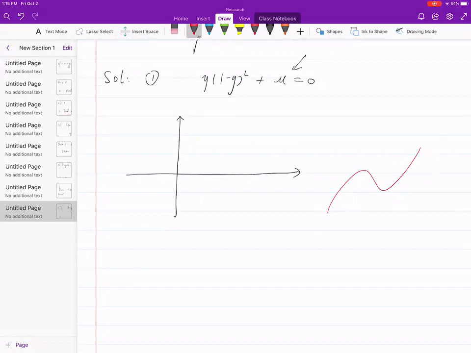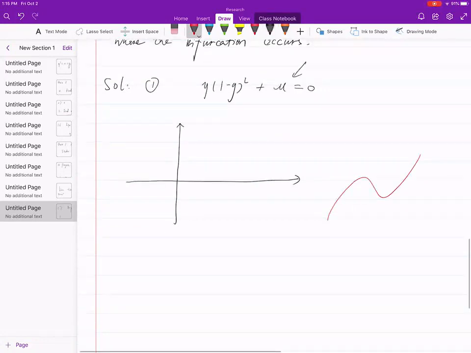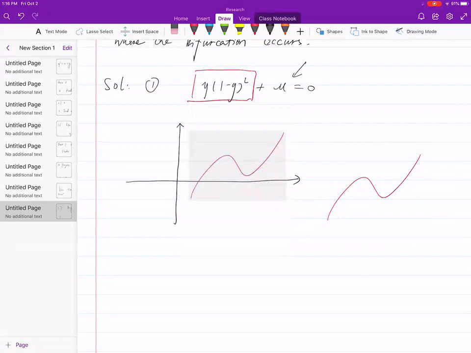Now for some mu, by adding a mu, you basically shift this one up and down for different values of mu. Still okay? Cool.